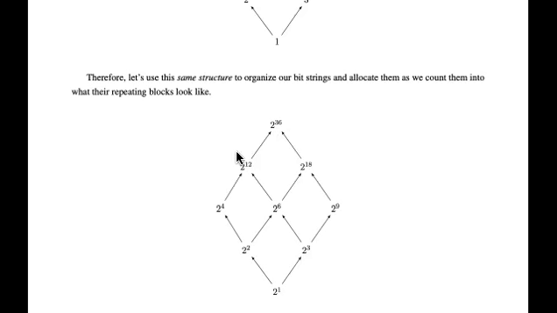So this is the number of strings of length 36 that are made up of a repeating block of size 12, size 18, size 9, 6, 4, 2, 3, and 1.